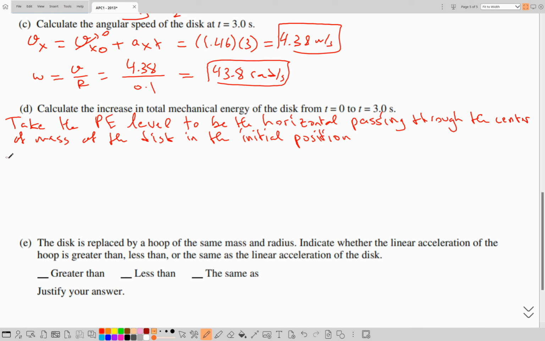Therefore, what is our initial mechanical energy? That is about kinetic and gravitational potential energy. That would be 0 plus 0, which is 0.